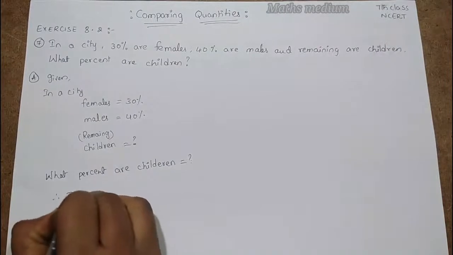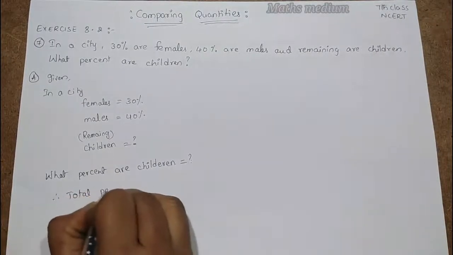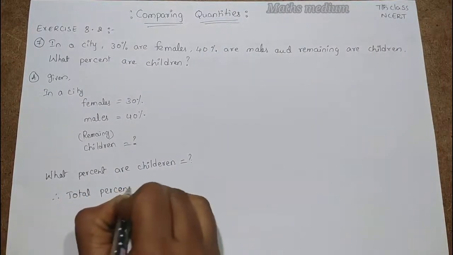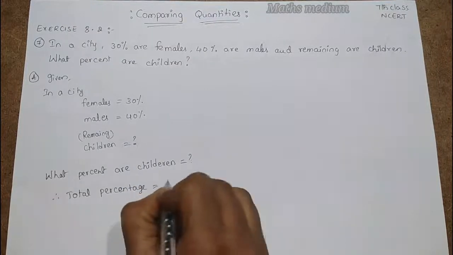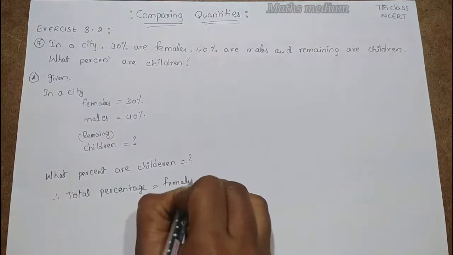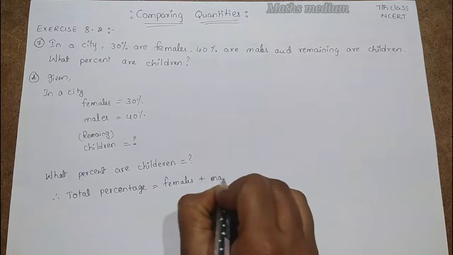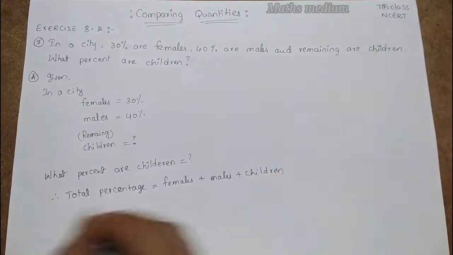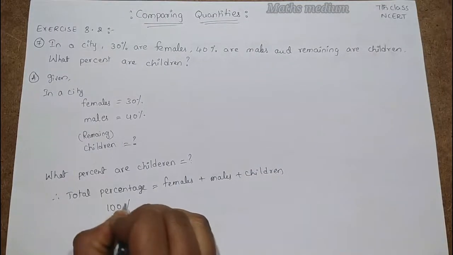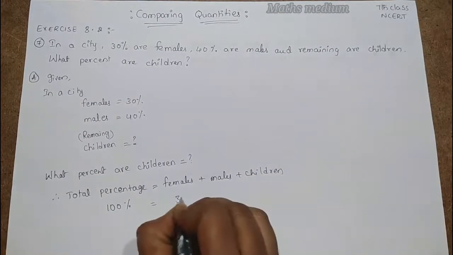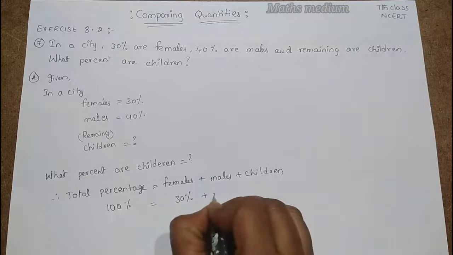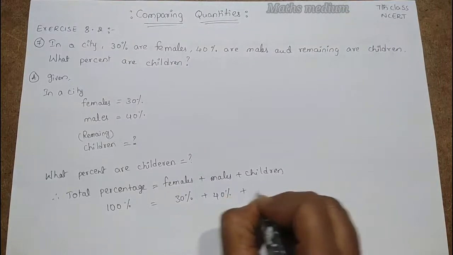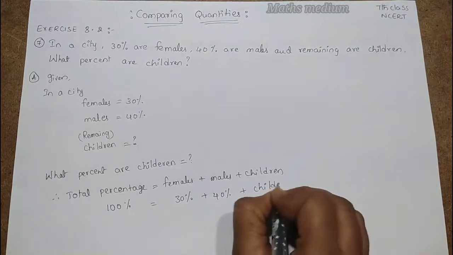Therefore total percentage: females plus males plus children. Total percentage 100%. Females are 30% plus males are 40% plus children we don't know. We have to find that.